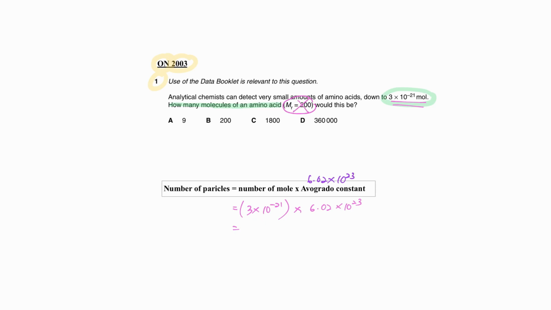With this working, we could get the number of molecules of amino acid as 1806. So the answer is C.